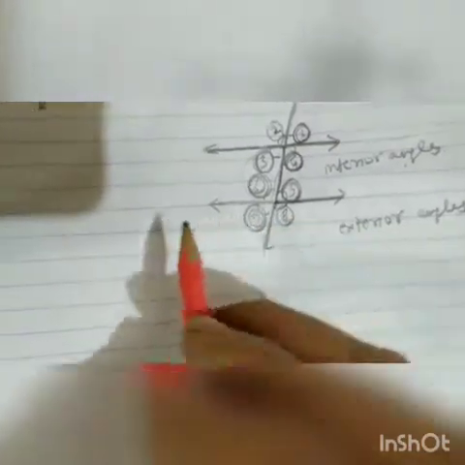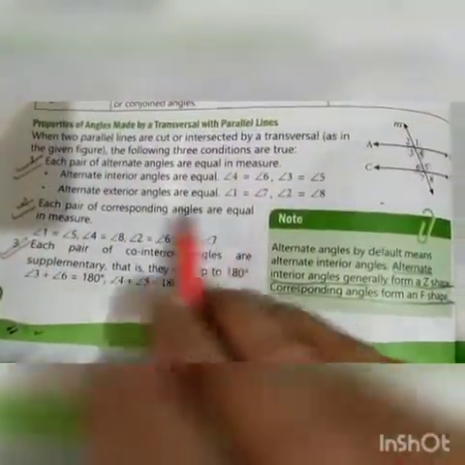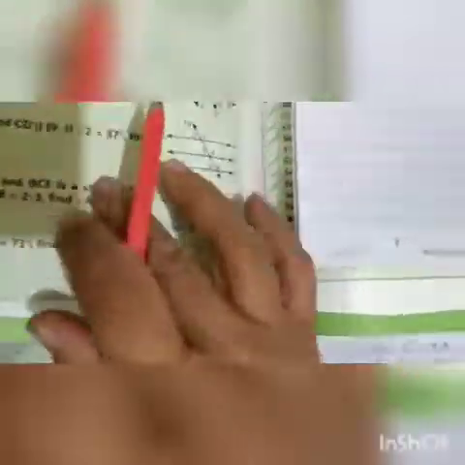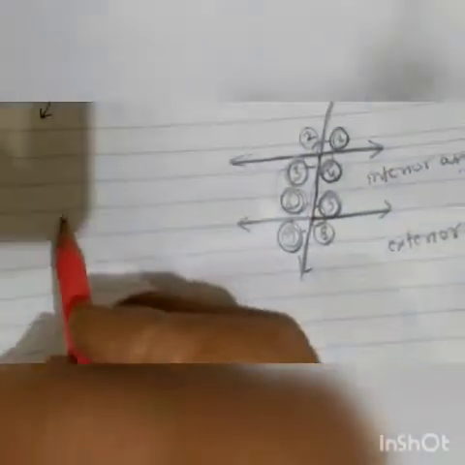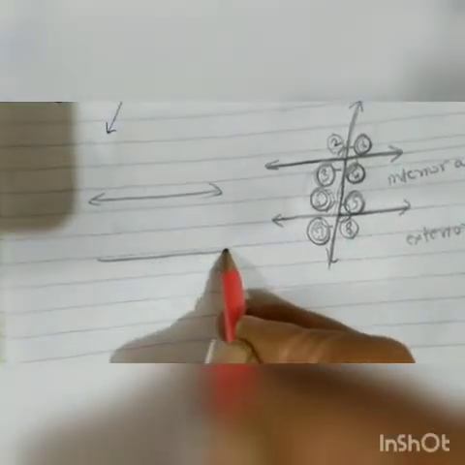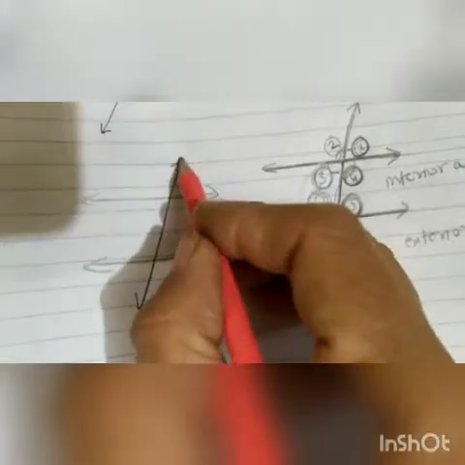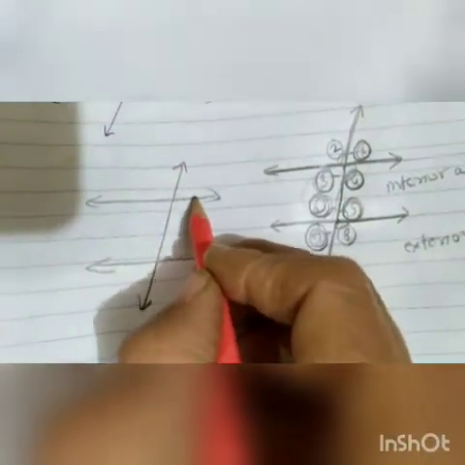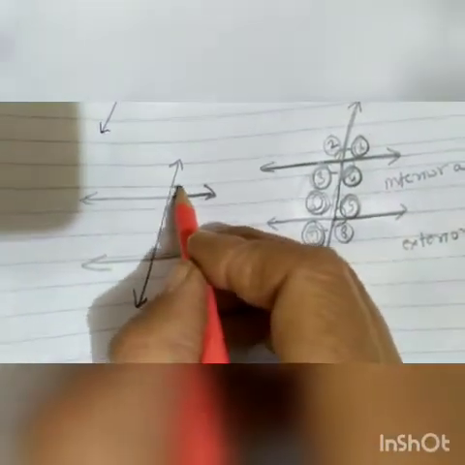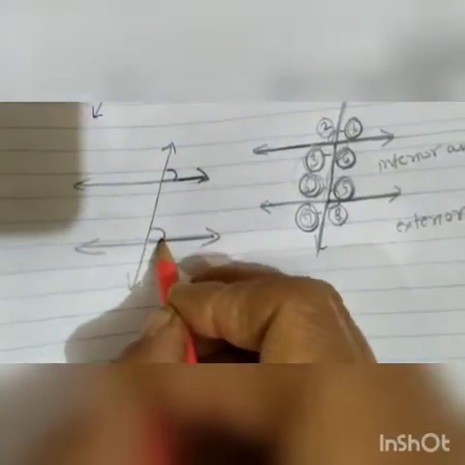Now come to corresponding angles. Each pair of corresponding angles are equal in measure. Which are corresponding angles? See, again I am drawing this figure. Same figure is drawn. Now angle above this line, this one angle, and angle above this line, this one angle.